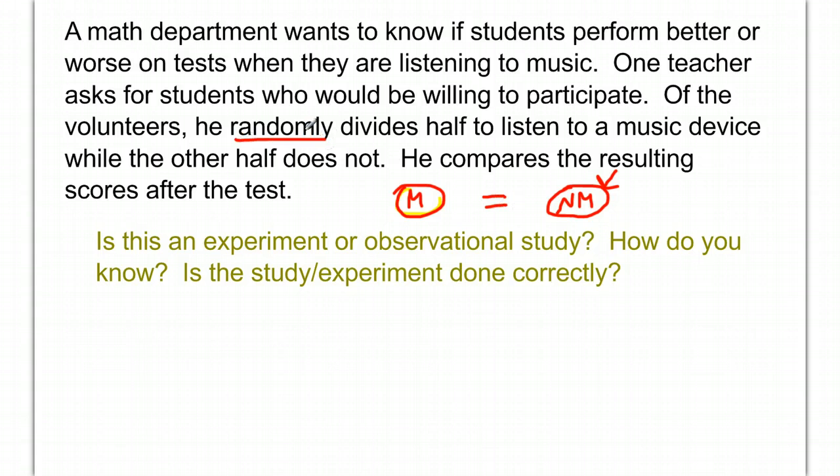So randomly half of them are assigned to one group and randomly half will then be assigned to the other. So the two treatment groups are effectively equal until the one difference, music or no music, is applied. So yes, this is a valid experiment. It is not an observational study. The reason we know, like we just said, there is a control group and people are randomly assigned to that group.